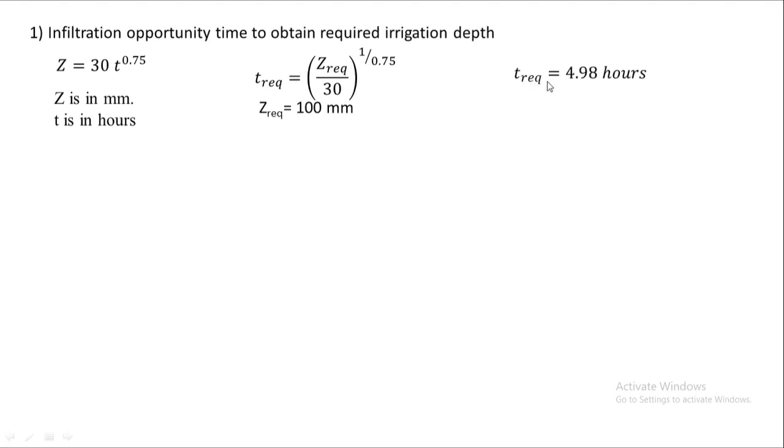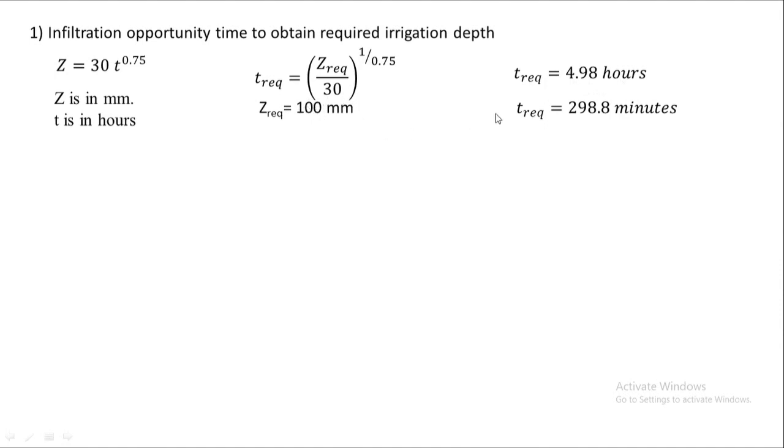So we will get the required opportunity time of 4.98 hours, which is equal to 298.8 minutes. So if at any point water stays there for around 5 hours or 4.98 hours, we will get an irrigation depth of 100 millimeters.